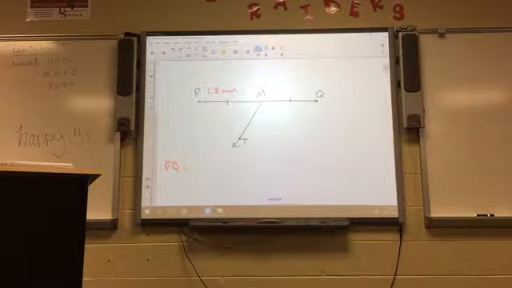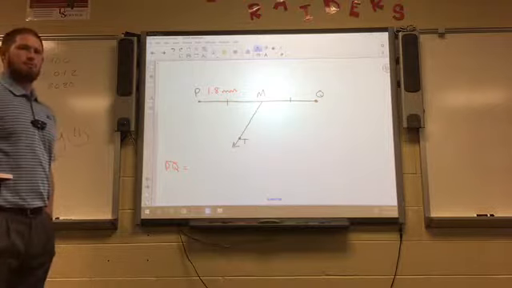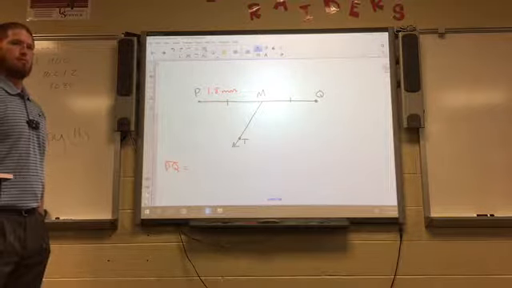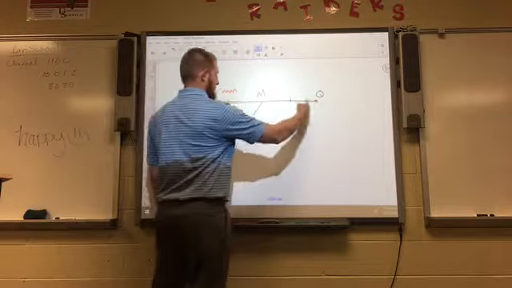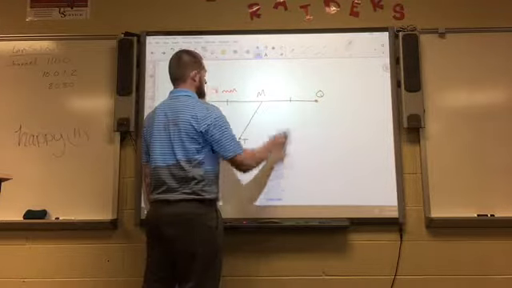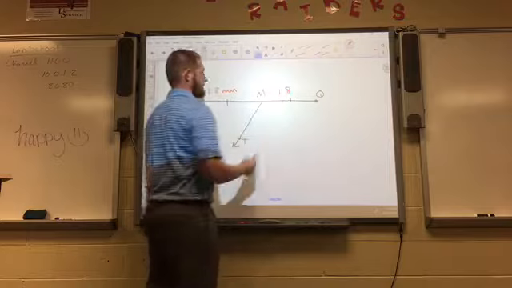Anybody think they can figure that out? 3.6. Okay. Jersey, how'd you get it? Okay, but there's only 1.8 up there once. So what do you know about MQ? So I could label that as one.